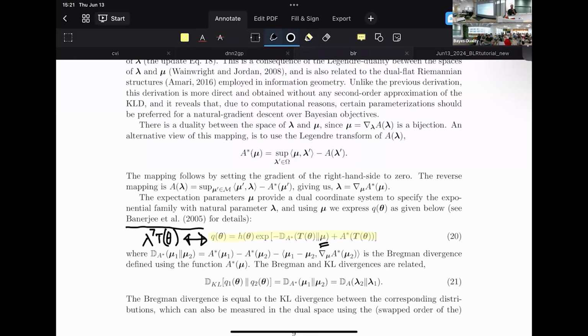They're equivalent in the sense that everything you write in terms of lambda, you can do in terms of mu, and lambda and mu are actually duals of each other. This is written here, why it's a dual: it's defined through the convex conjugates that Thomas just talked about. So everything Thomas talked about in that world of convexity has an equivalent in the exponential family. And this mapping is dense.